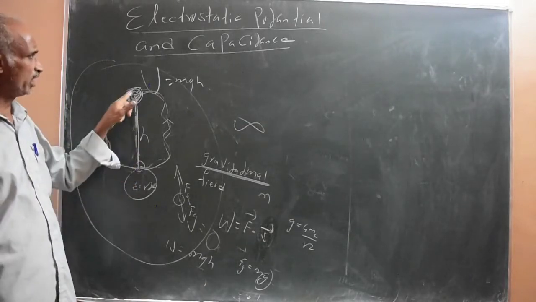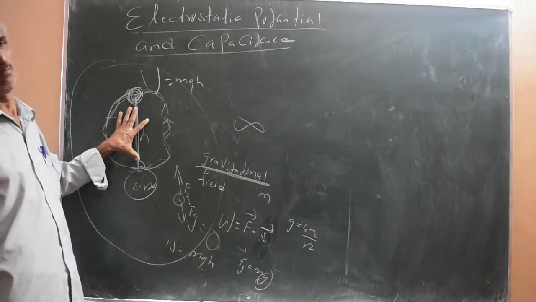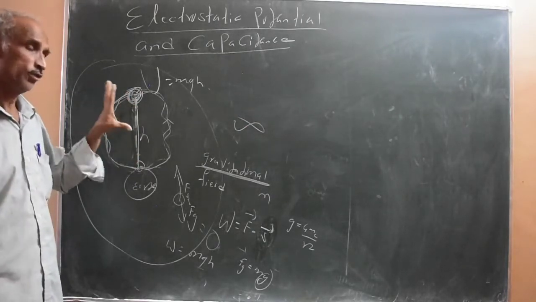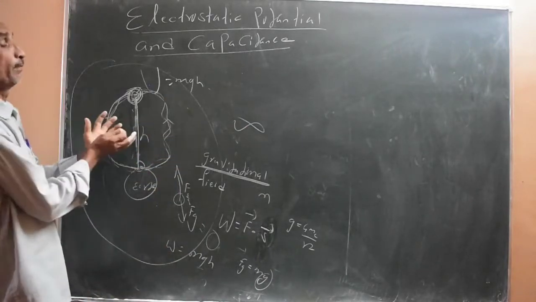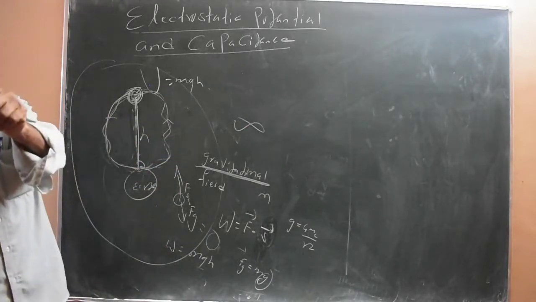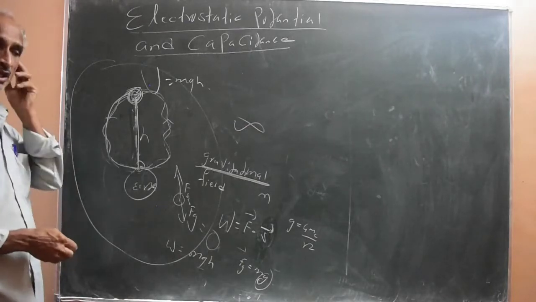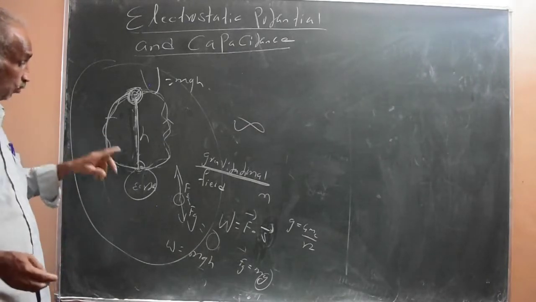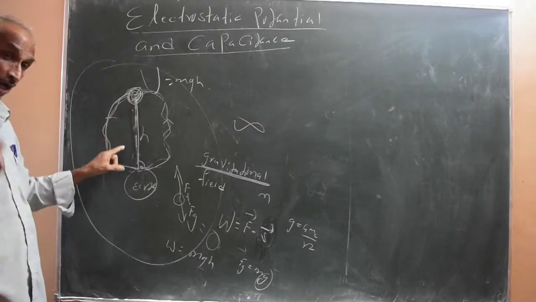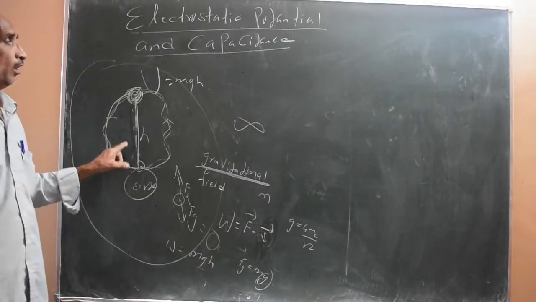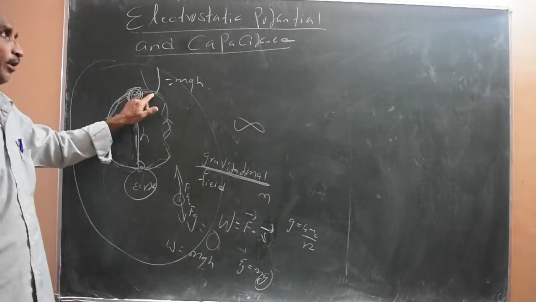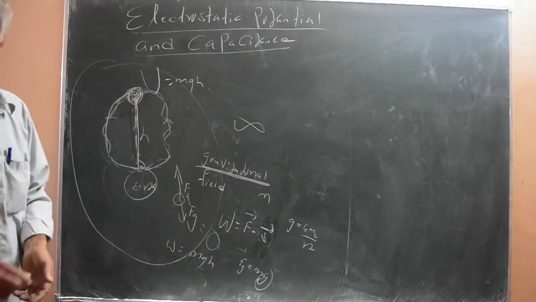Only the initial position and final position, the displacement h, is important here. That's why such forces are called conservative forces. If the work done by an external force is against a conservative force, it will be stored in the body in the form of potential energy.